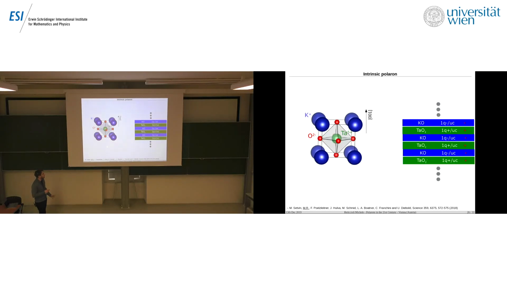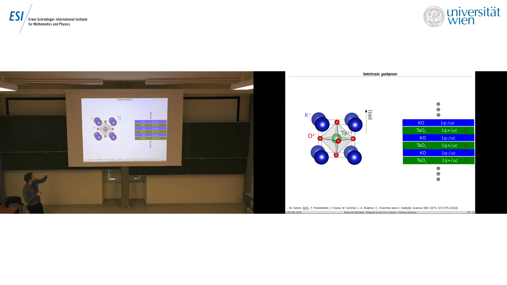This is a perovskite, and if we do a simple valence state model, we can see that we have oxygen 2 minus, potassium 1 plus, tantalum 5 plus.